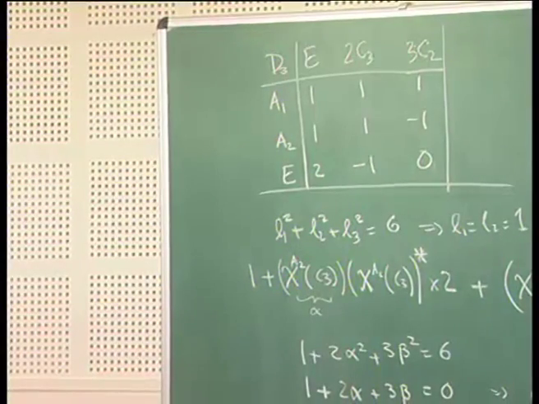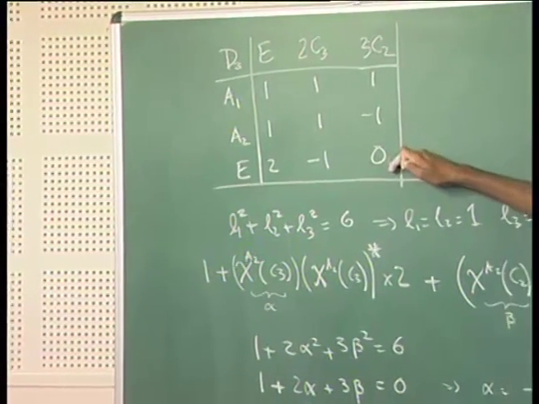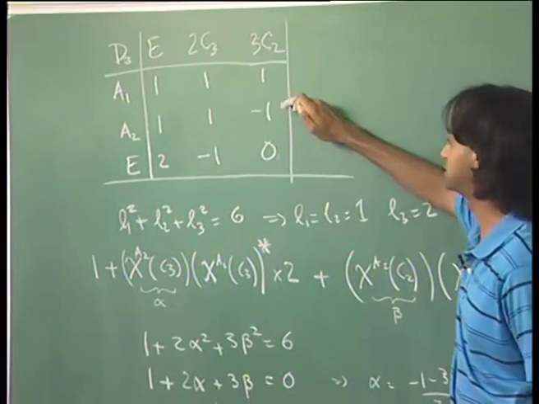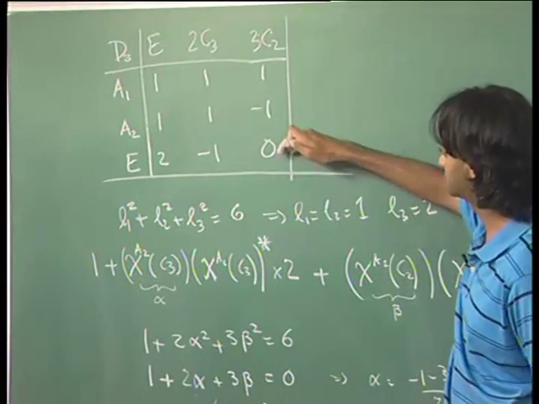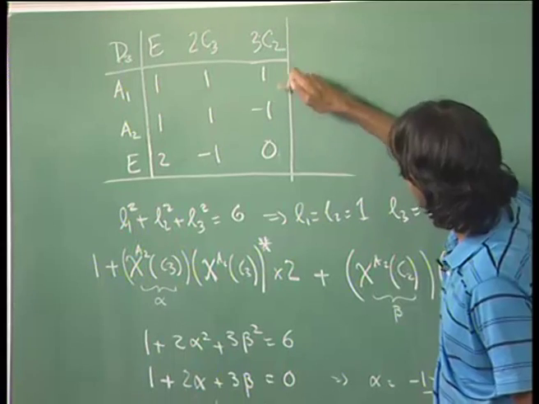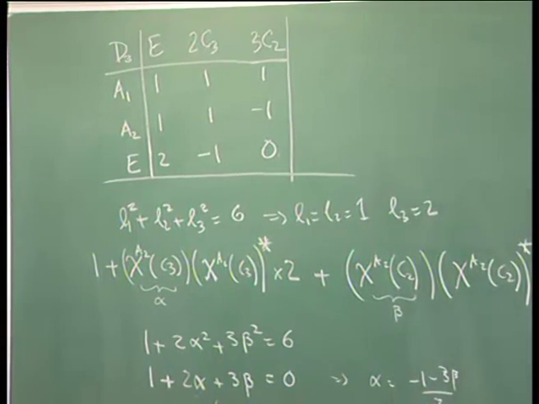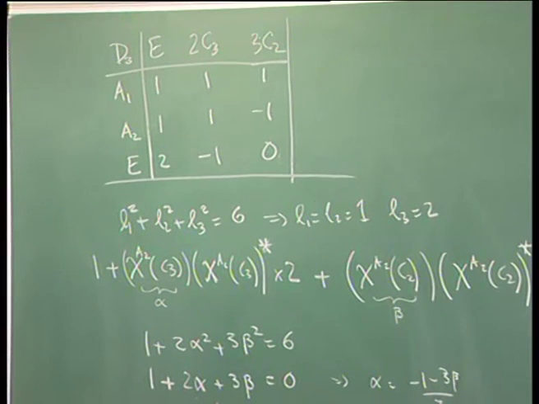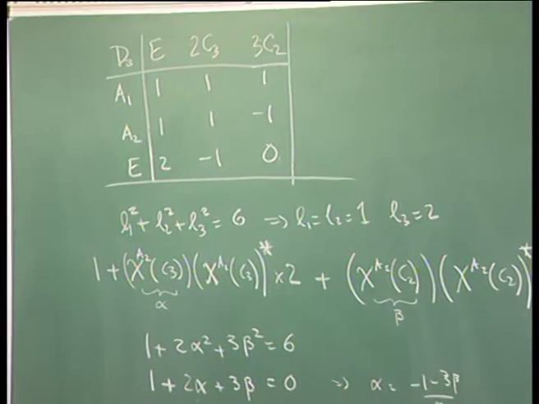Okay. So this is important. These two rows also have to be orthogonal, and this is the only choice that satisfies that. So this is the only possible choice for your characters.